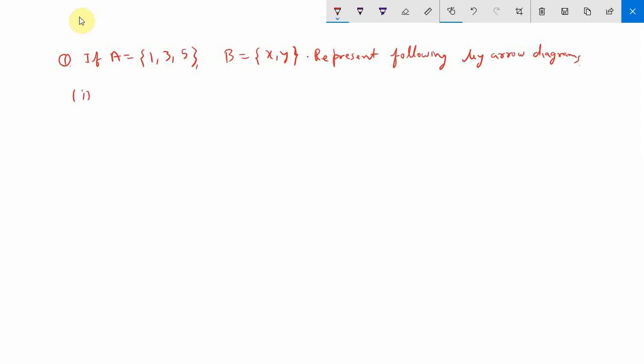First one is A into B. Second one is A into A.